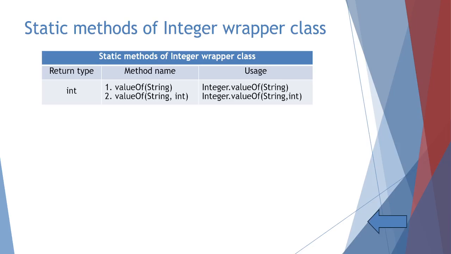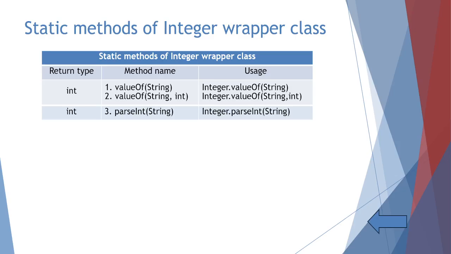Both these functions are static methods, so we use the class name followed by the method name, that is Integer.valueOf(string) and Integer.valueOf(string, int). Both of them return int primitive type.